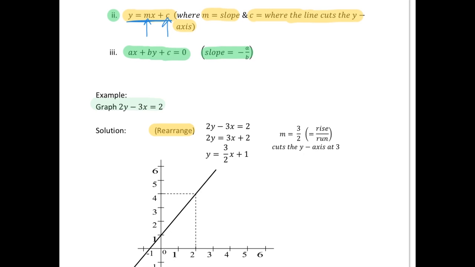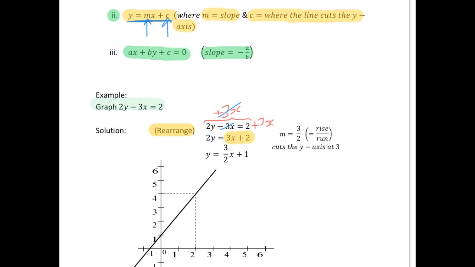So if we look at the equation we're given, 2y minus 3x equals 2, if we add 3x to both sides, we'll see that the 3x on the left cancels with the minus 3x, and on the right we're just left with 3x plus 2.